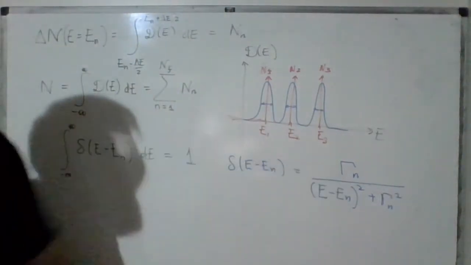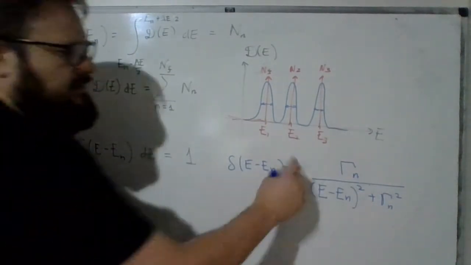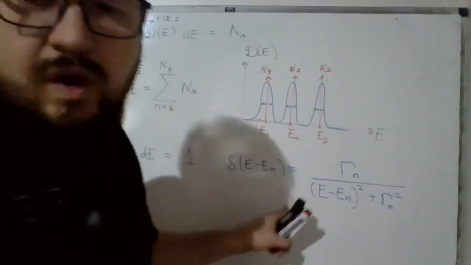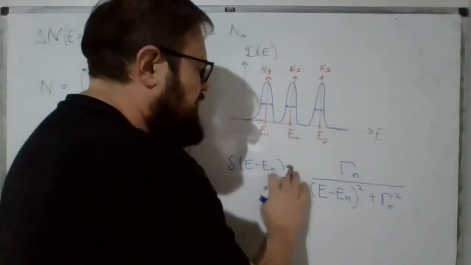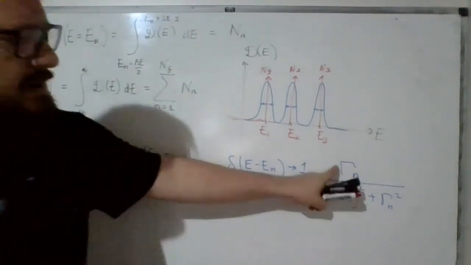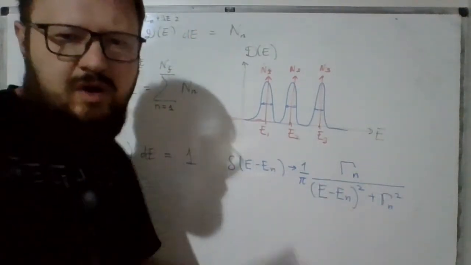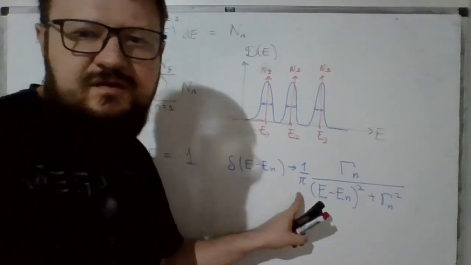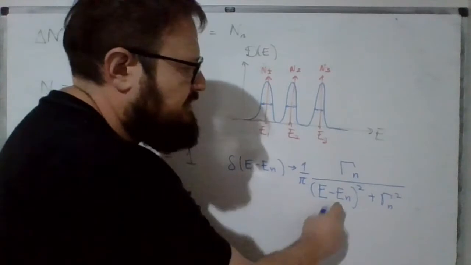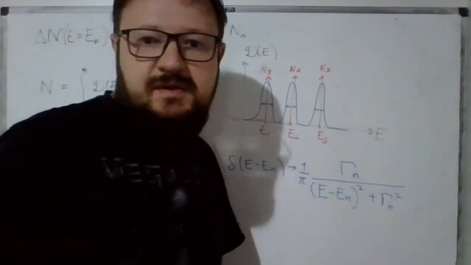And there is a normalization factor here, which is 1 over pi, I guess. So you replace the Dirac deltas by 1 over pi, gamma n, or the proper normalization factor, because if you integrate this around this energy En, you need to find 1.